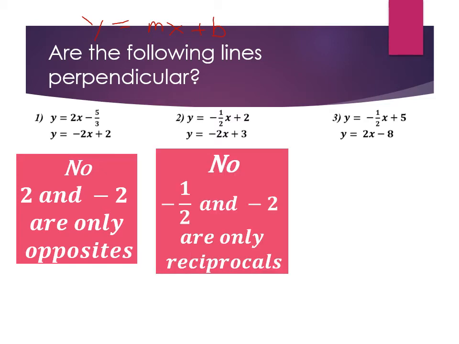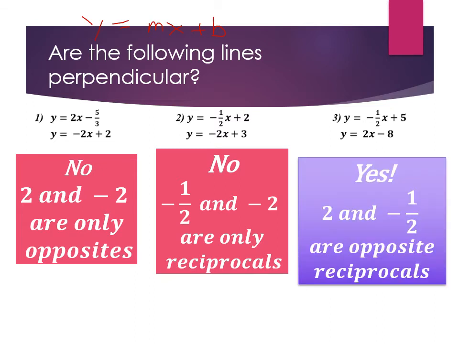They're both negative. So, kind of like Goldilocks. Let's look at the last one. First one's no, second one's no, third one: I have -1/2 and 2. Yes, 2 and -1/2 are opposite reciprocals. So when you have lines that are perpendicular, their slopes will be opposite reciprocals.